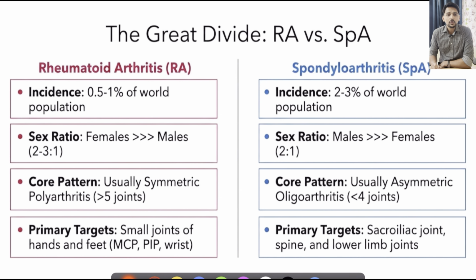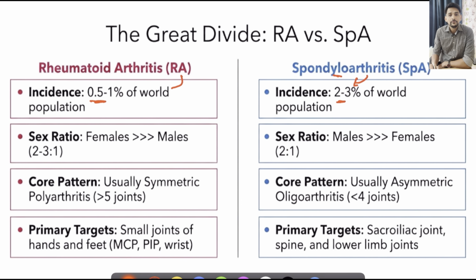Now, after understanding the common pathophysiology, it is important to differentiate both of these conditions. So how to know whether it is rheumatoid arthritis or spondyloarthritis? First of all, if we focus on the incidence, rheumatoid arthritis incidence is 0.5 to 1% of the world's population, whereas spondyloarthritis is seen in quite a higher number, that is 2 to 3%.